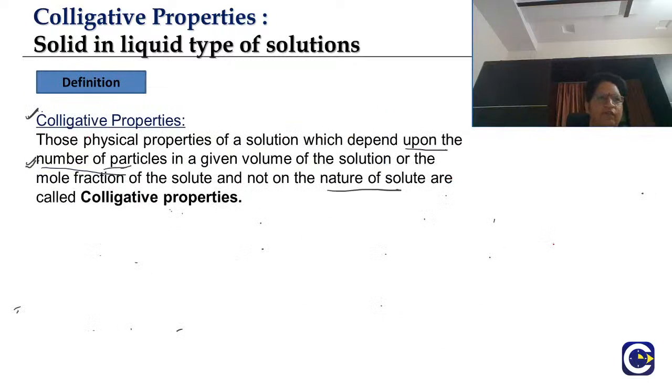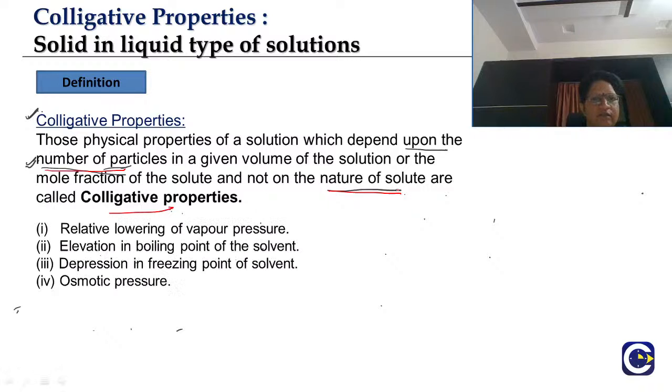I was telling you about the colligative properties, which depend on the number of particles and not on the nature of particles. We call them colligative properties. Relative lowering of vapor pressure, elevation of boiling point, depression of freezing point, osmotic pressure.